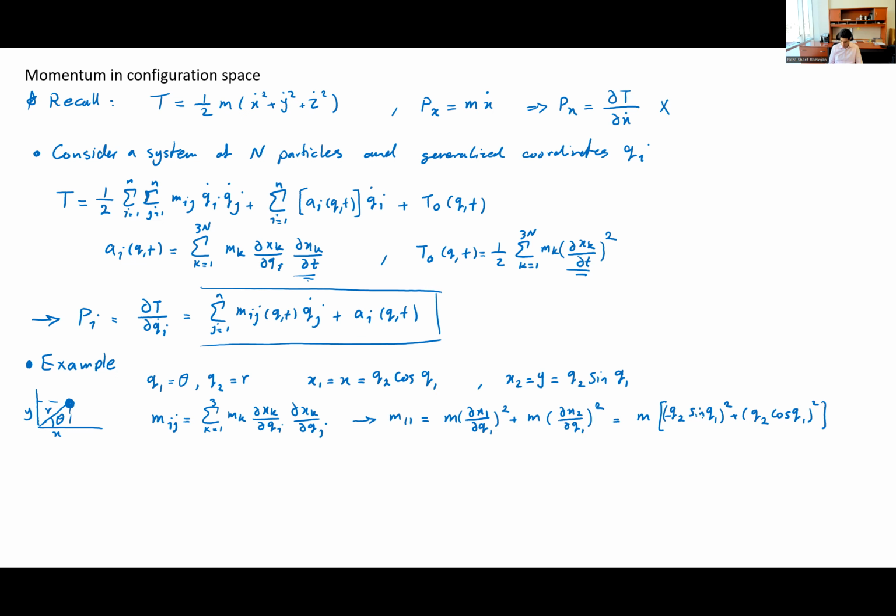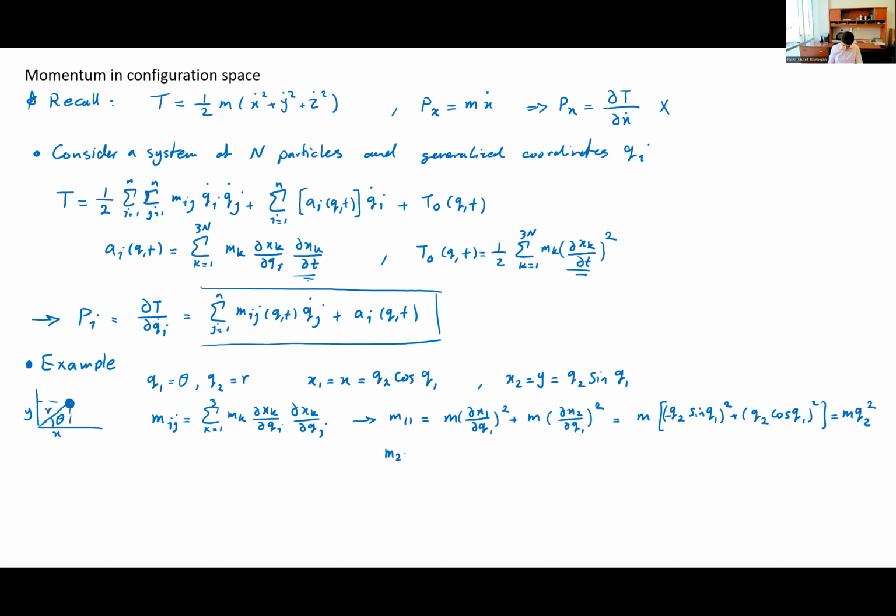So I'll have sine squared plus cosine squared, which is 1. I end up with M q2 squared, which, notice, is the moment of inertia of the particle about the center point O.